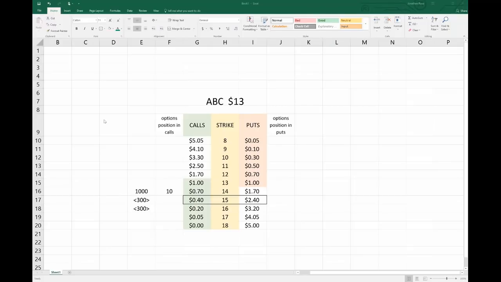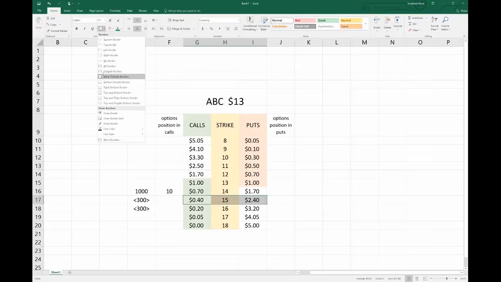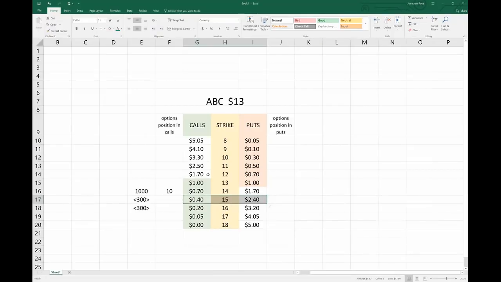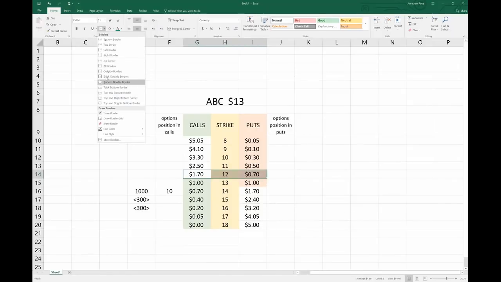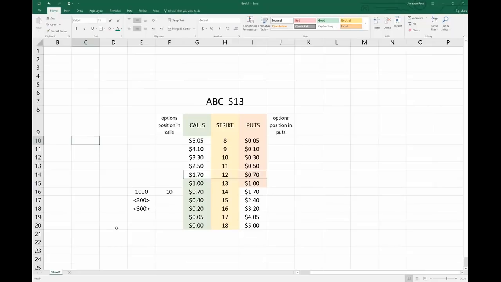Okay, so in this example, we go from 14, 15, 16, we sell, sell, sell. And now if we take this off and the stock gets hit and goes down there, we can buy our 600 shares back.